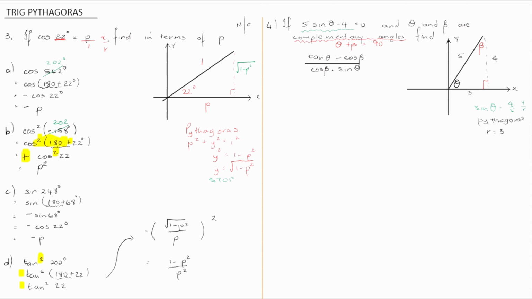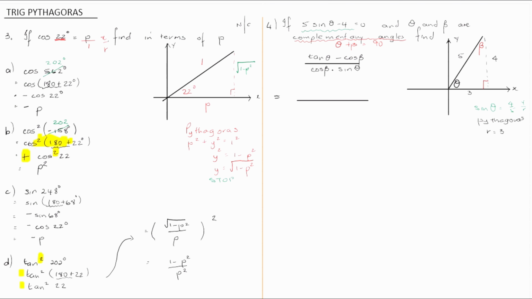So what you have to watch out for very carefully is, if you are doing theta in the question, then your opposite is 4 and your adjacent is 3. But if you are working with beta, your opposite is 3 and your adjacent is 4, because beta is not in standard position. Right, so let's go and put in those fractions.